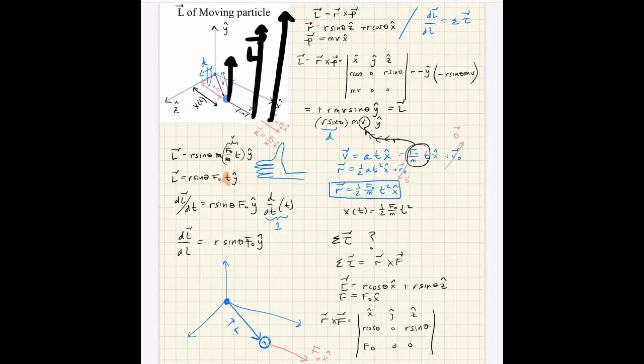And when you do that, there's only a y hat component that lives. So r cross F is equal to positive r sine theta F naught in the positive y hat.